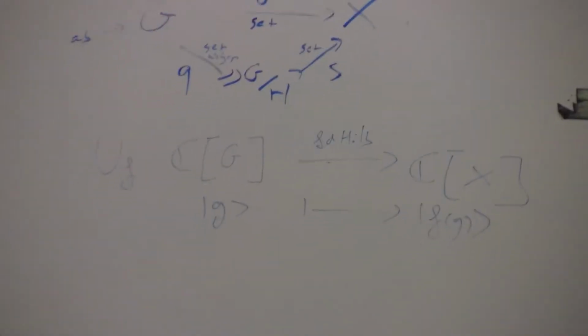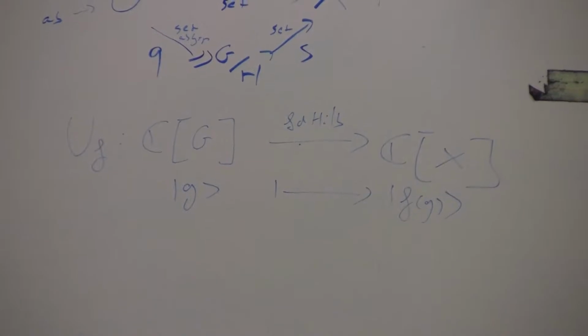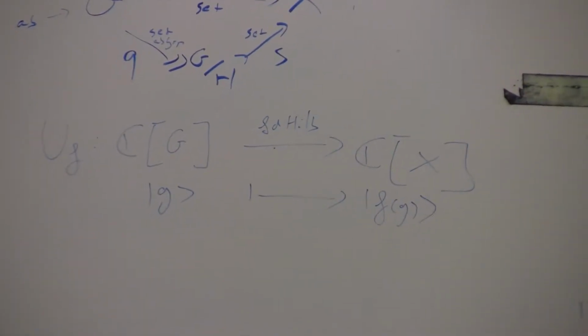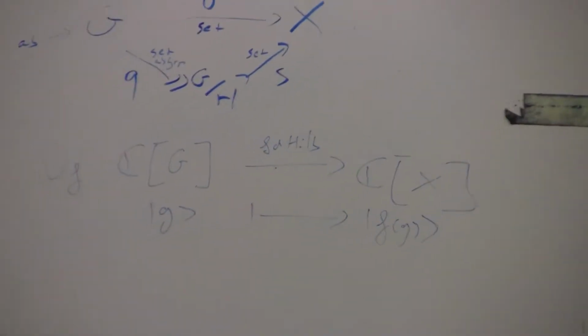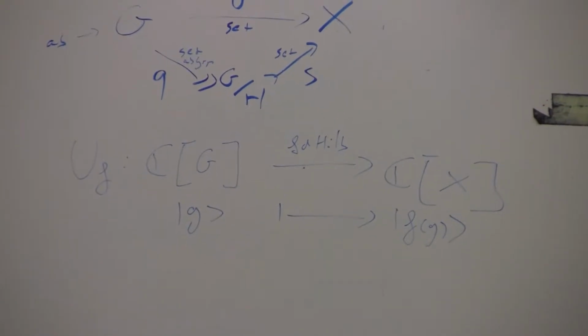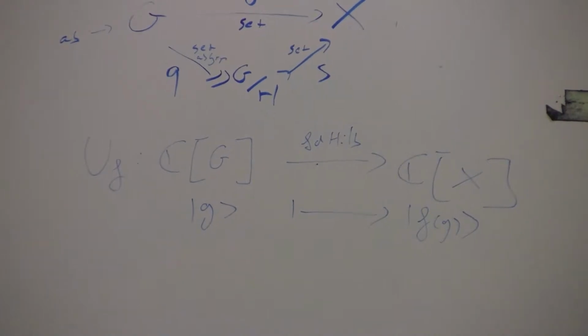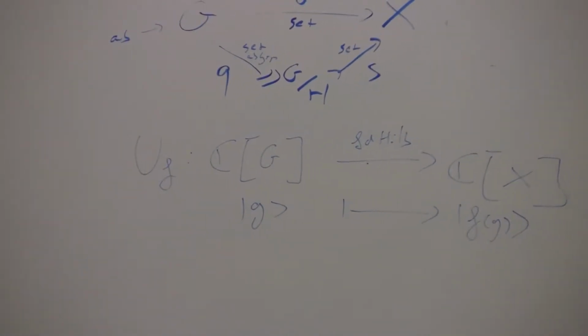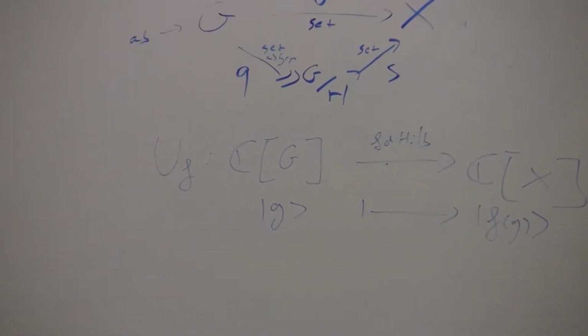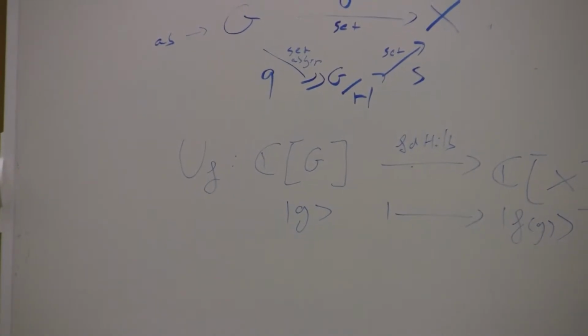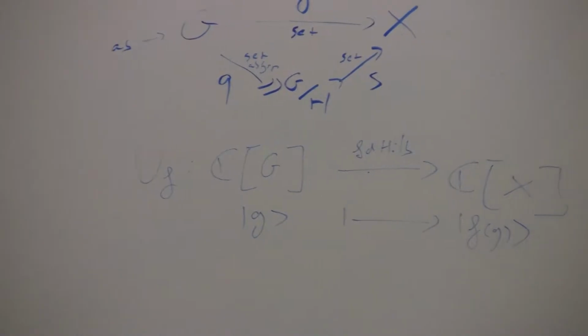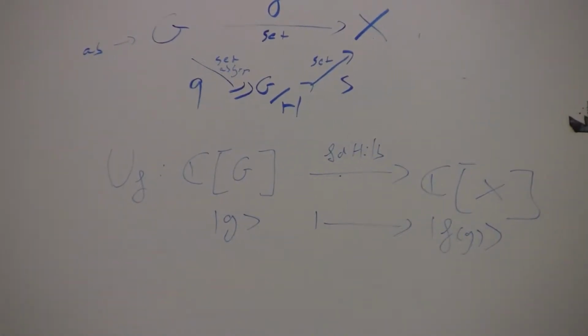The interesting part of all of this is that the hidden subgroup problem encompasses some of the interesting problems that quantum computers seem to be better at solving than classical computers. For example, Shor's algorithm is a special case of the hidden subgroup problem, and the discrete logarithm is a special case of the hidden subgroup problem. But these don't really say much about the separation between quantum and classical.